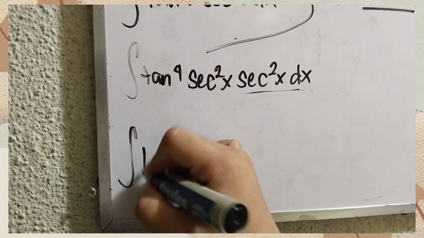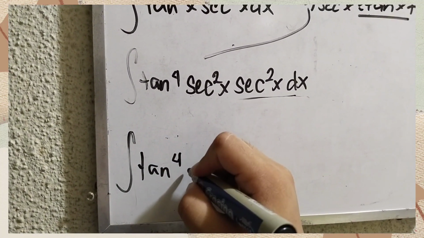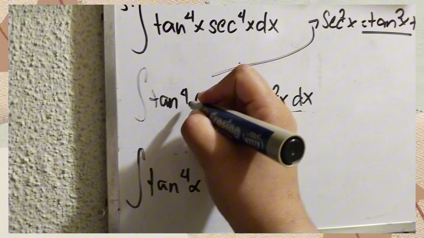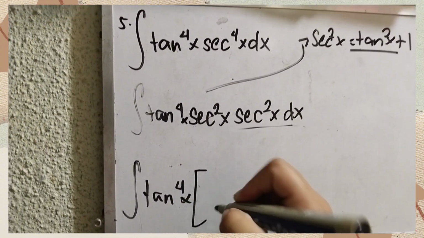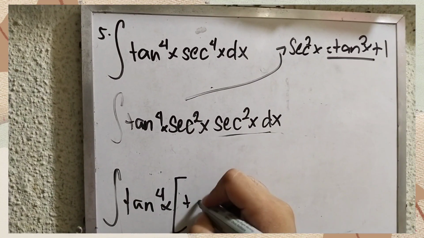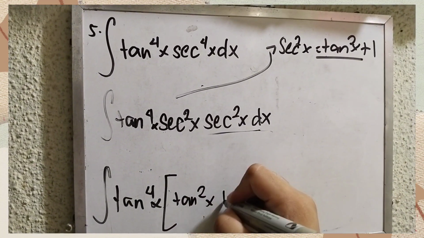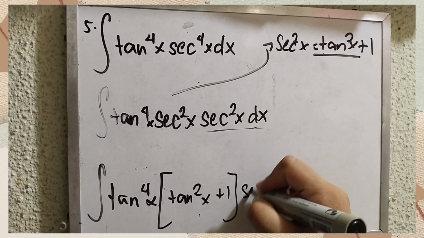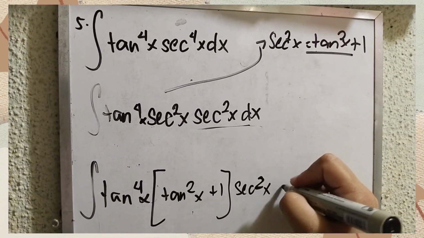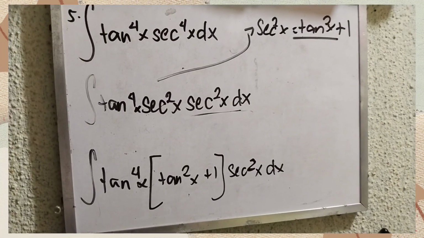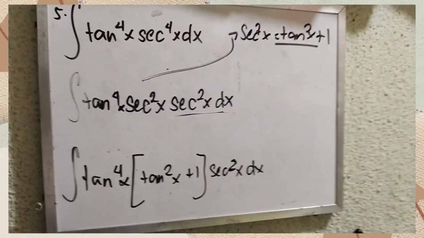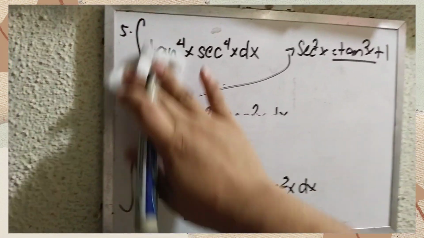So we will have tangent to the fourth x times the expression tangent squared x plus 1 times secant squared x dx.